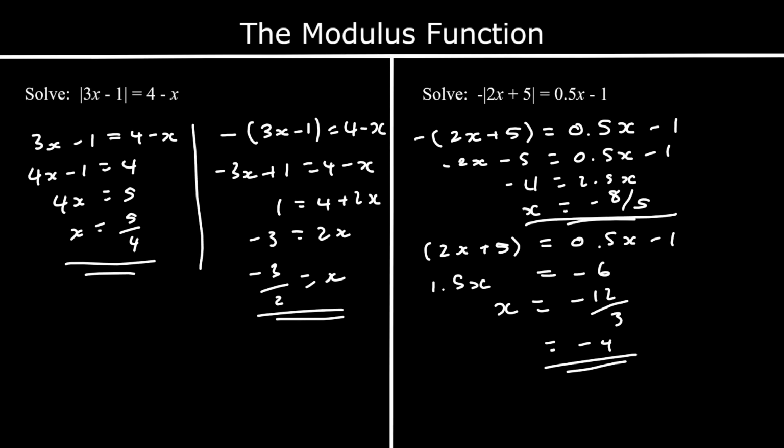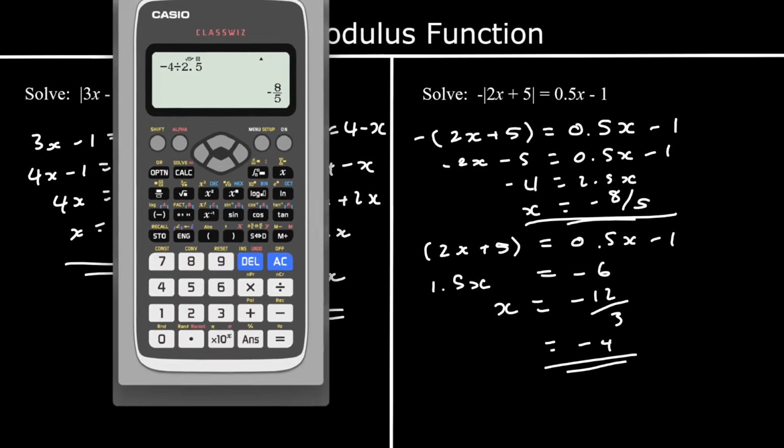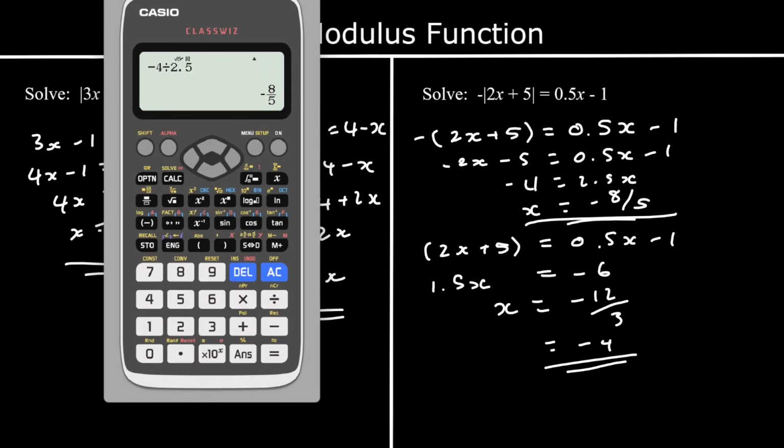I'm going to check they work for the question. So I've got the modulus, the absolute value, of 2 times negative 8/5 plus 5, which is negative 9/5, and that should be equal to half x minus 1.